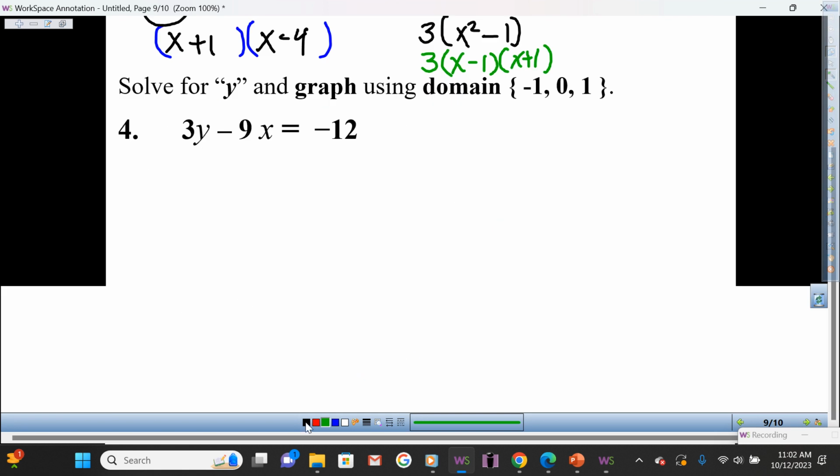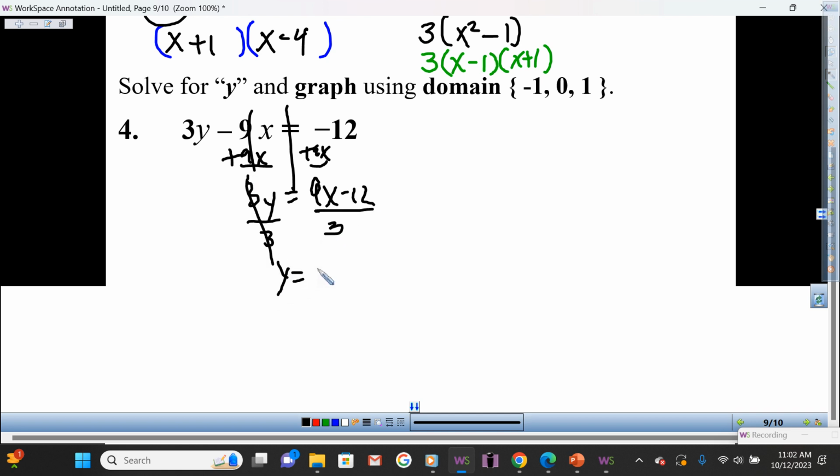Number 4. I'm going to solve for y. Line down the equal sign, plus 9x, plus 9x. We got 3y equals 9x minus 12. Divide by 3. So we got y equals 3x minus 12. Hands if you got that. All right, I'm going to get my table going. x, y.